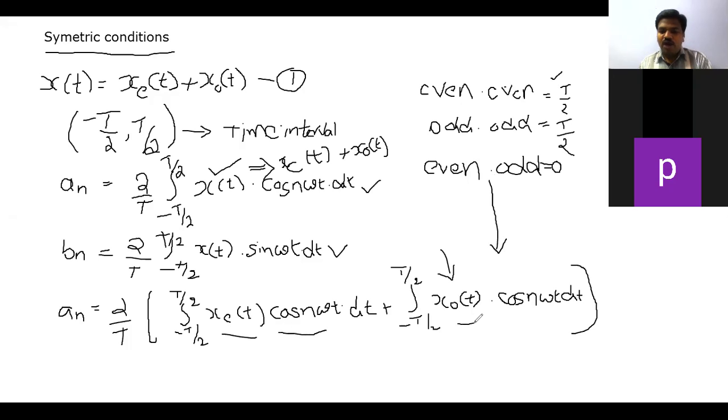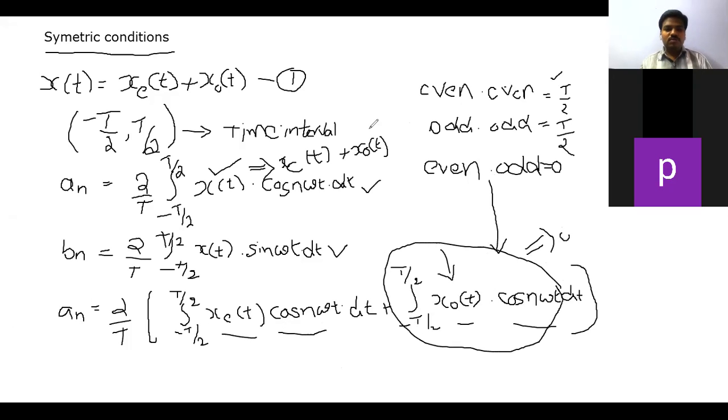Now this is an odd function and this is an even function. So the integral of the product of even function and odd function is equal to 0. So the only part that is left is this one. An is equal to this one. Is it clear? I think it is clear now, right?